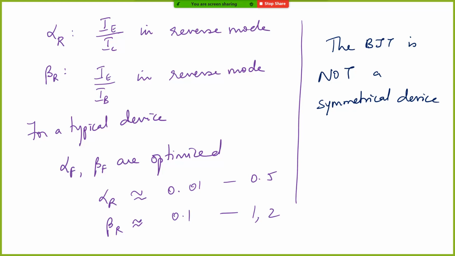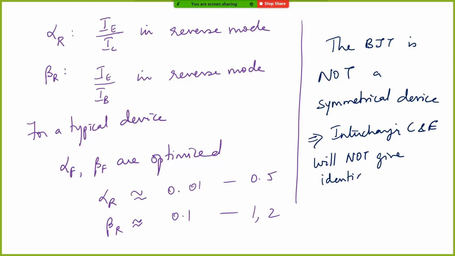You will appreciate this fact when we start talking about MOSFETs. In a MOSFET, you can interchange the drain and the source terminals and nothing will happen; it will work just the same. Whereas the BJT is not a symmetrical device, and therefore interchanging collector and emitter will not give identical results.